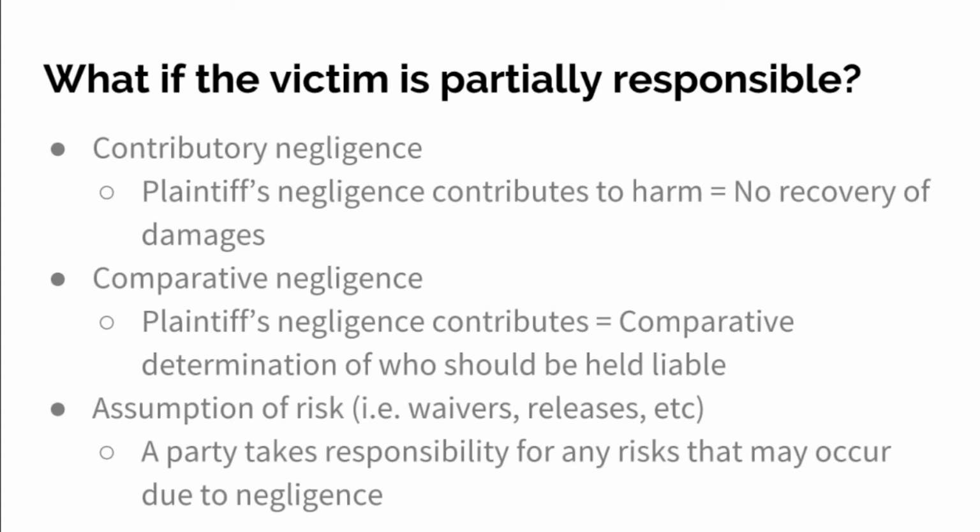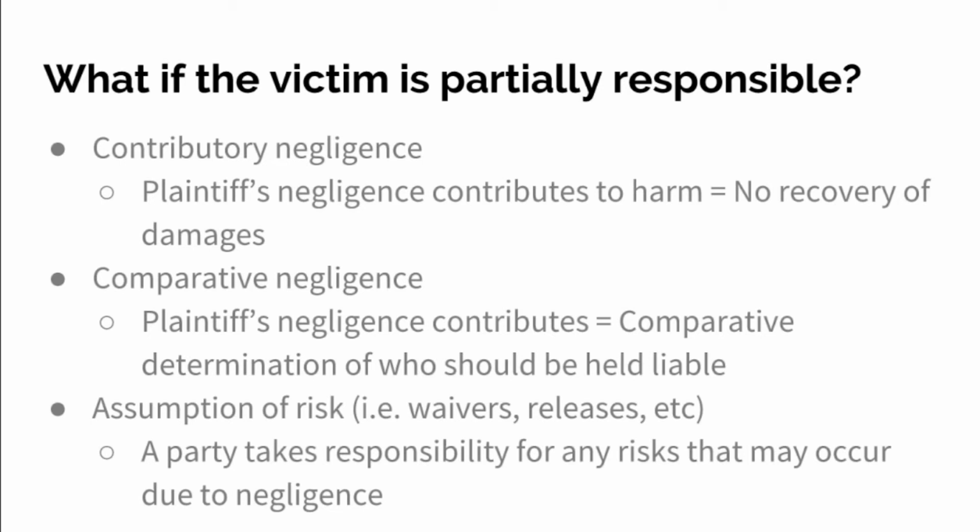For instance, if a jury determines in our pedestrian example that the distracted driver is 60% responsible for the harm that came to the plaintiff, and the plaintiff is 40% responsible for the harm that came to the plaintiff, then the defendant should provide 60% of the compensation.